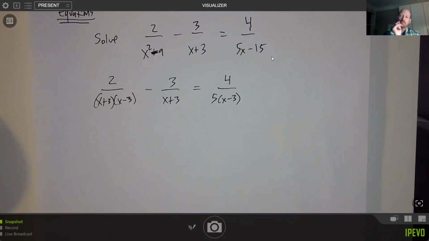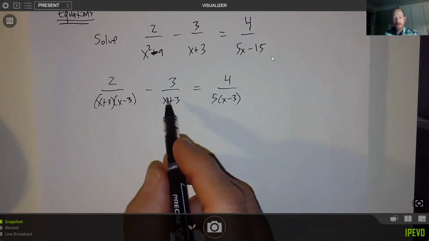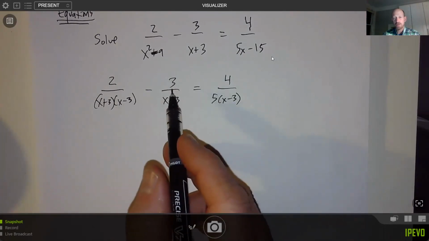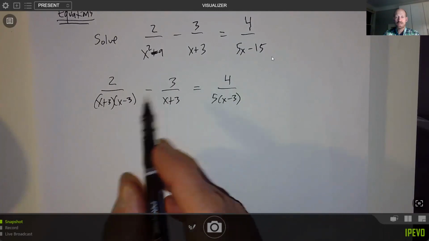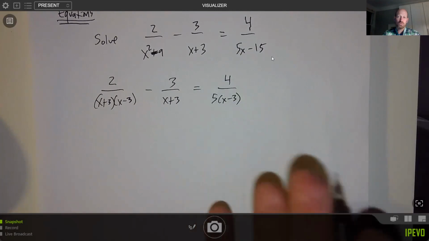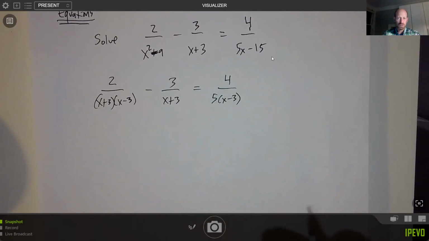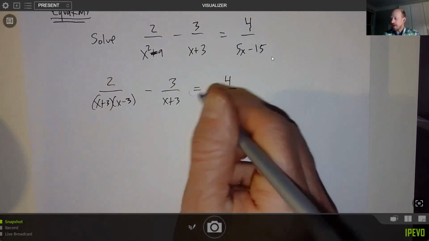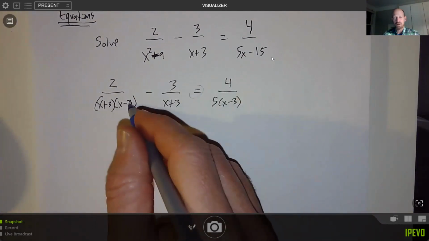Now a lot of students will go into this and think, there's some subtraction here, so I want to create common denominators and subtract these and get that answer. That's not incorrect, in that the work you do, if you do it right, will still keep the equation the same. But it turns out it's unnecessary work, and it doesn't usually lead us where we want to go. What we really want to do here is, I have an equation that has denominators.